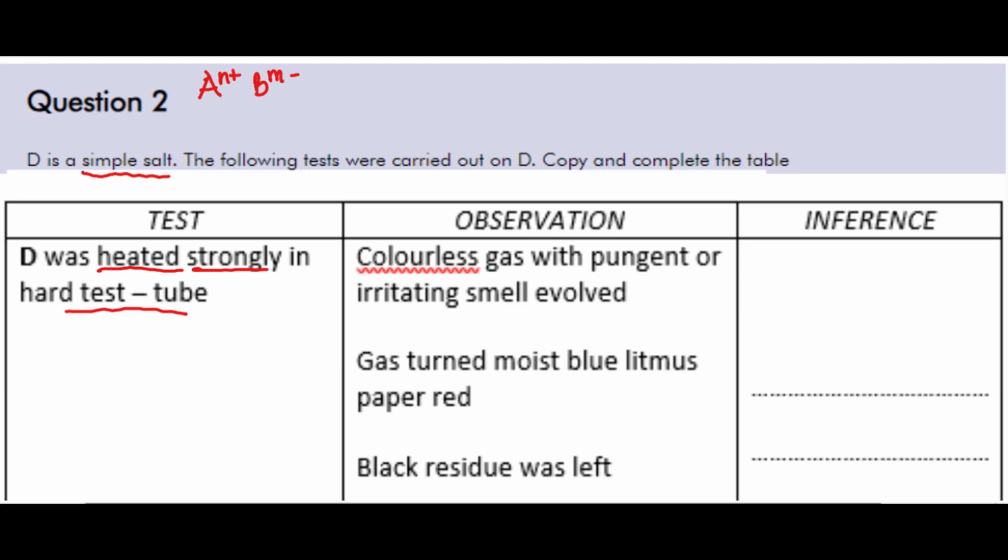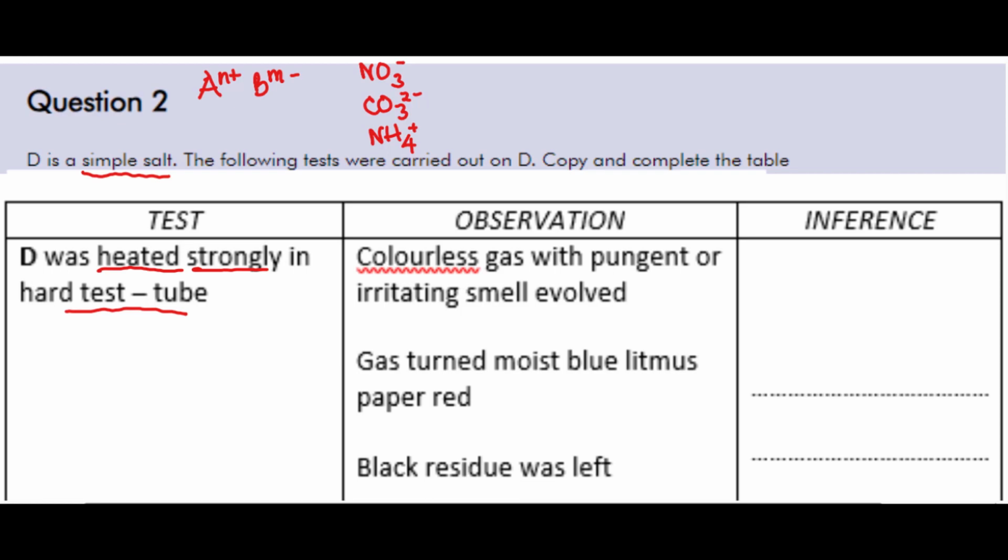And in my previous video, I told you that there are actually three major categories of compounds whose thermal stability can be tested. That is the trioxonitrate 5, NO3-, the trioxocarbonate 4, CO3 2-, and the ammonium ions. Whenever you are testing for the thermal stability of a compound, if the compound is not stable to heat, if it decomposes on heating, it will likely produce a gas.